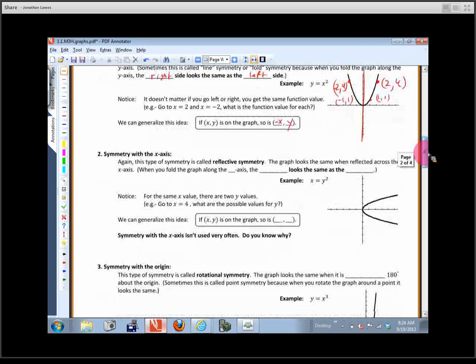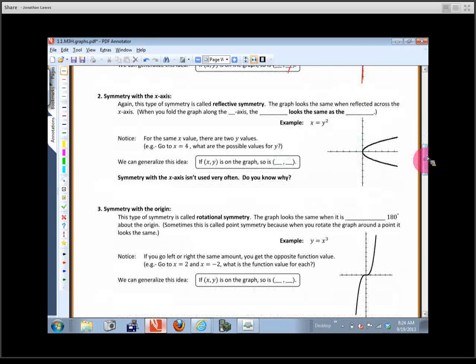Now I've got one that's symmetric with the x-axis. Again, this is also called reflective symmetry. It's called symmetric with the x-axis because when we fold it along the x-axis, before it was right and left looking the same, now it's top and bottom. The top looks the same as the bottom. Here's our example.